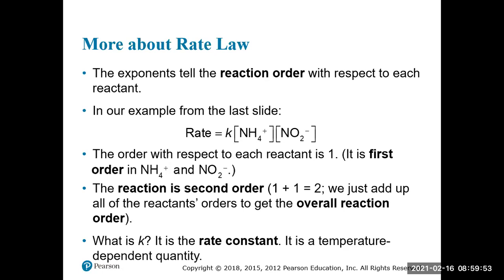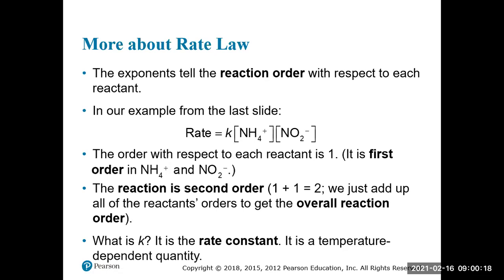As we'll see in a little bit, just because you have reactants doesn't mean they impact the rate of the reaction. That may sound a little odd, but it's true. That's why in this case, the concentration of both of these impacted the reaction rate.